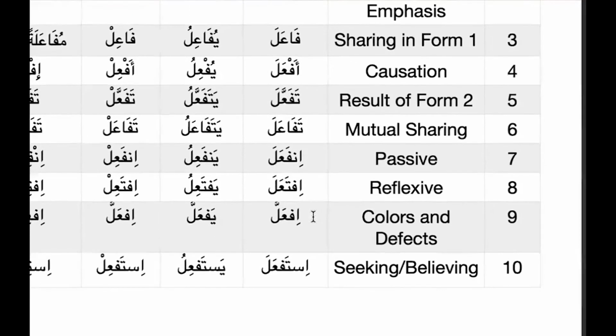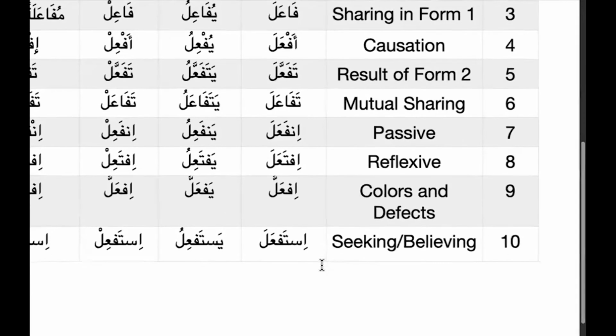Form 9, we have an alif and a shadda on the lam, like ihmarra, darra. In form 10, this has an alif, a sin and a ta: istakhdama, ista'mala, istaghfara. To do istighfar is to seek forgiveness from Allah.